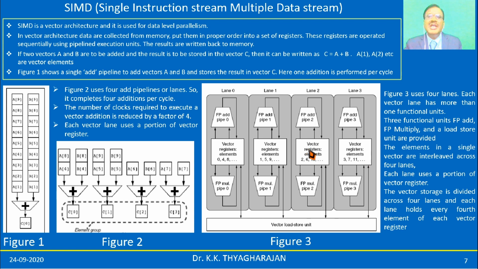It is helping us to implement data parallelism. So the same operation is executed in parallel on different data. Here in parallel, here also in parallel, and here also the two arrays are executed in parallel. So it helps to implement data level parallelism.